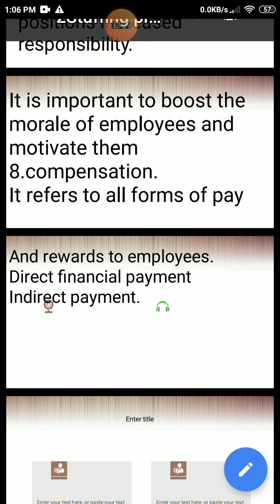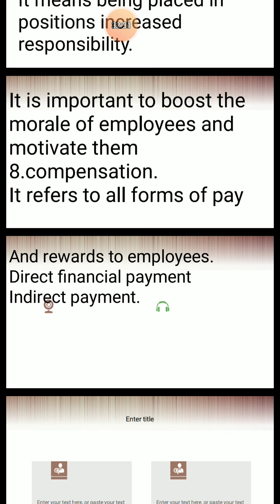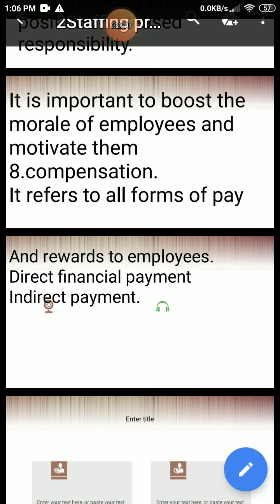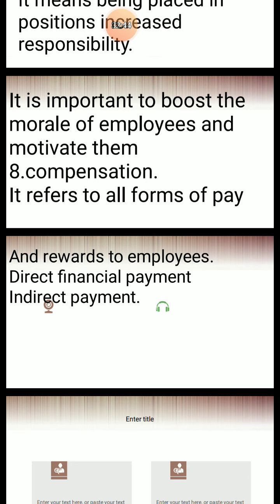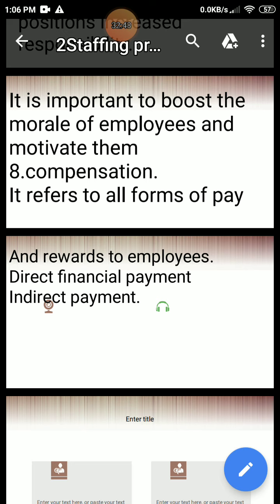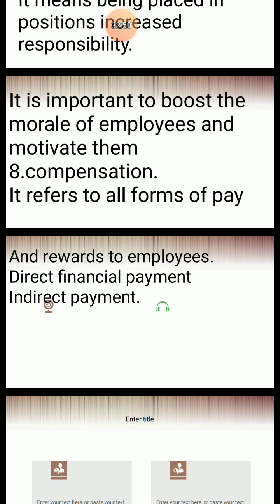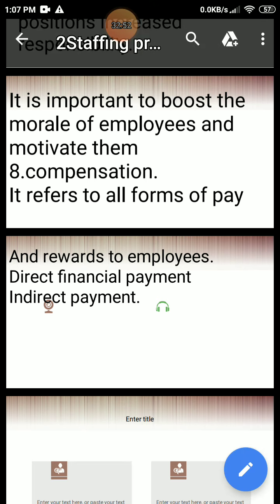So here it refers to all forms of pay and rewards to employees, direct financial payment and indirect payment. Direct financial payment is nothing but giving them an extraordinary bonus, hike, or increment in the financial terms. Indirect, non-financial payment is giving them good recognition in front of everyone.